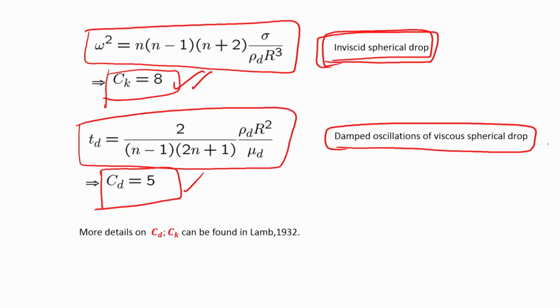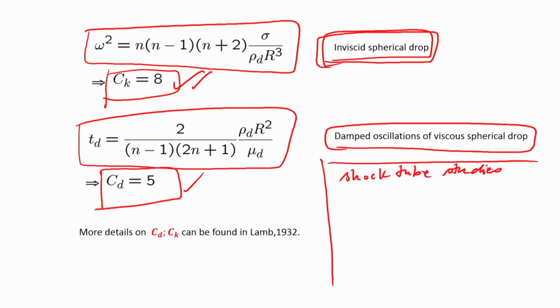Now, for that, what happened was that people did shock tube studies. These are all experimental, and you can learn more about the experiments if you go to the individual books, okay. So, in the shock tube experiments, people found this critical Weber number to be about 6, right.